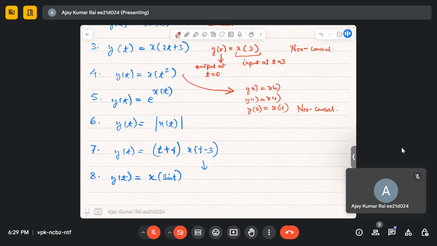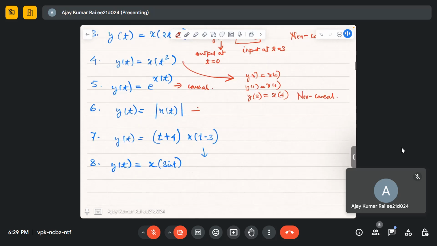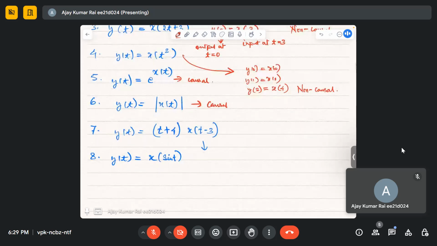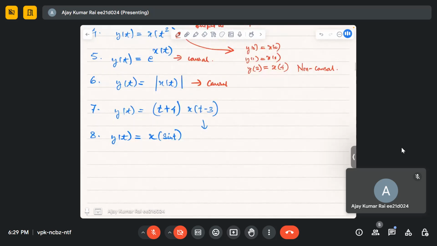Okay, so this is also causal, right? Because it depends on present input. Okay, similar is with the sixth one. So this is mod. So y of t depends on present input. So this is very interesting. The seventh.